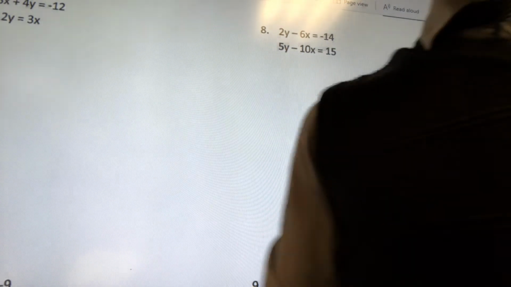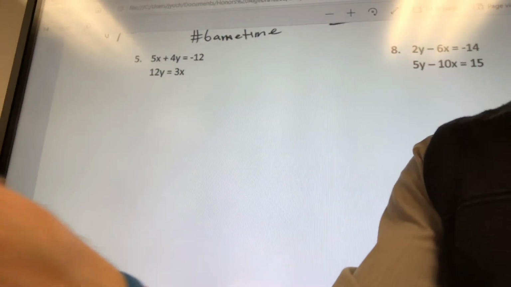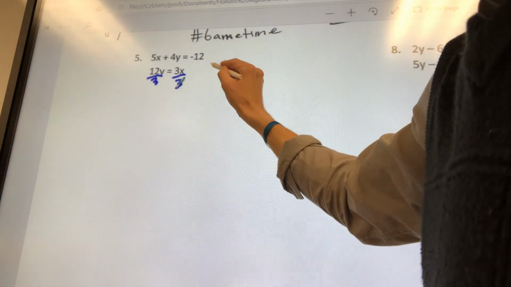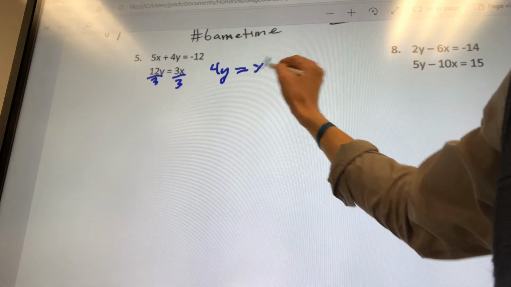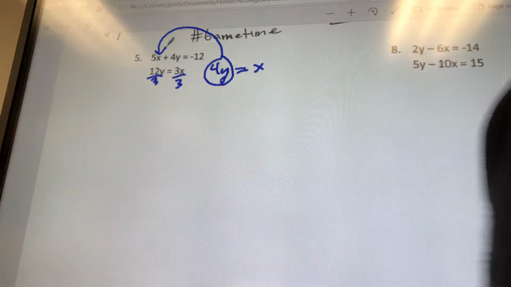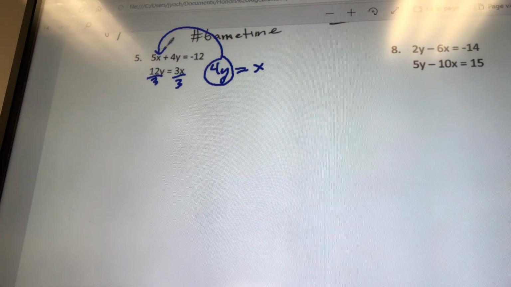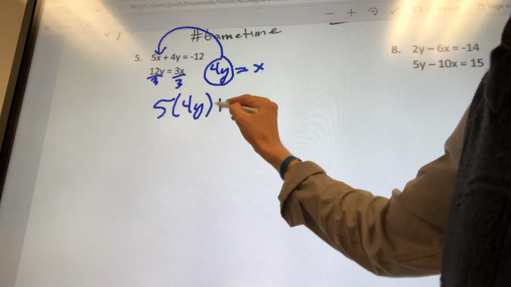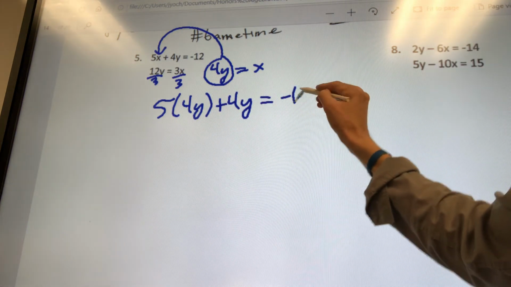You know, 1 like 5 here, why don't you just divide everything by 3, and you have 4y is equal to x. So you know what x is. You're going to take that 4y and plug it in for x right there. So 5 times 4y plus 4y is a negative 12.